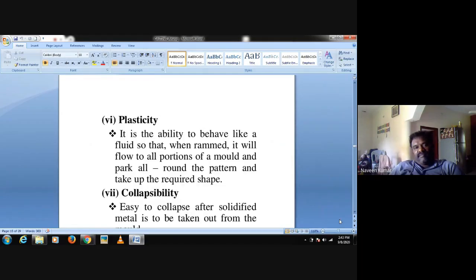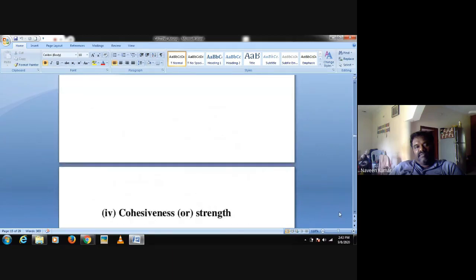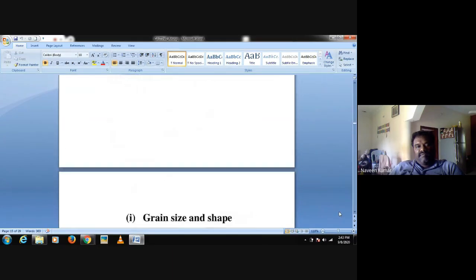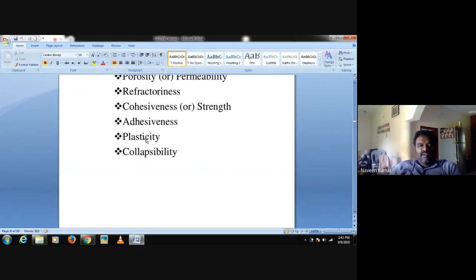Next, look at the screen: Refractoriness.